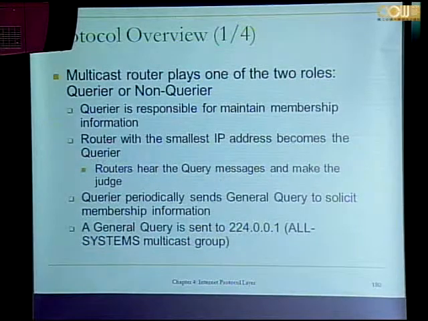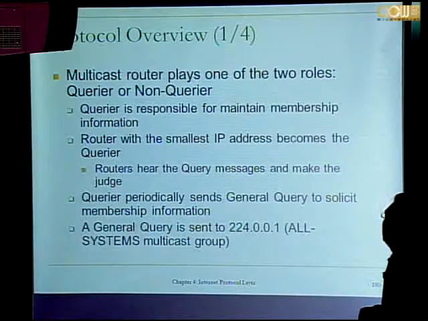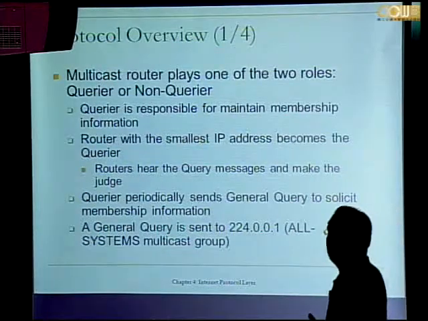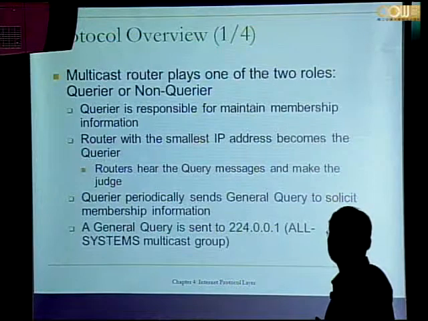A router which is capable of multicasting will play one of two roles. One is a querier, and the other is a non-querier. The querier is the router responsible for maintaining the membership information.